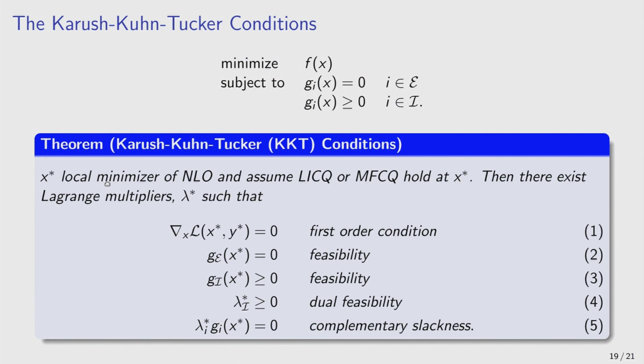So the condition is that if I look at the gradient of the Lagrangian, and I have not defined the Lagrangian, that's terrible. So the Lagrangian is actually the function that does this transformation.